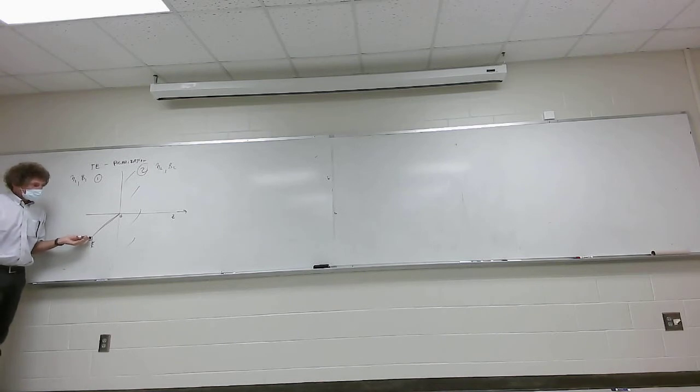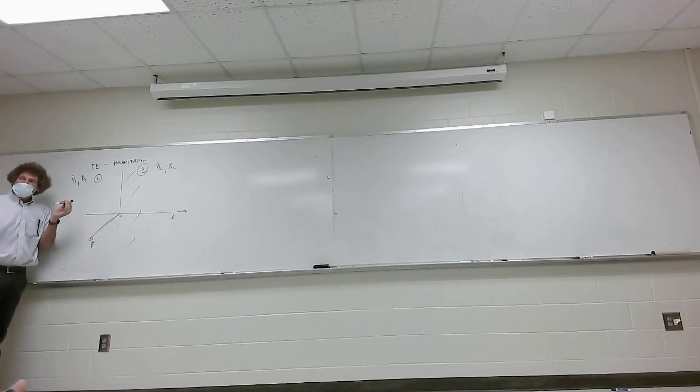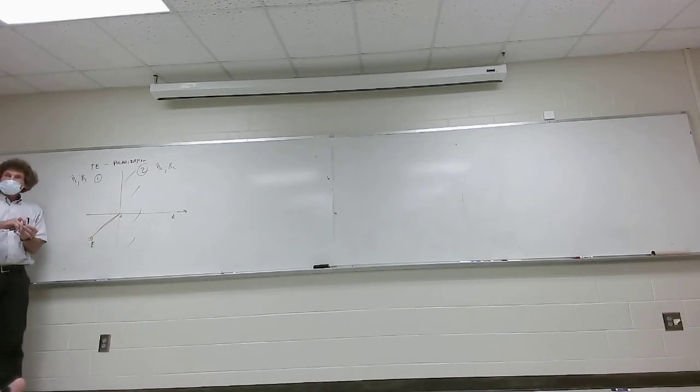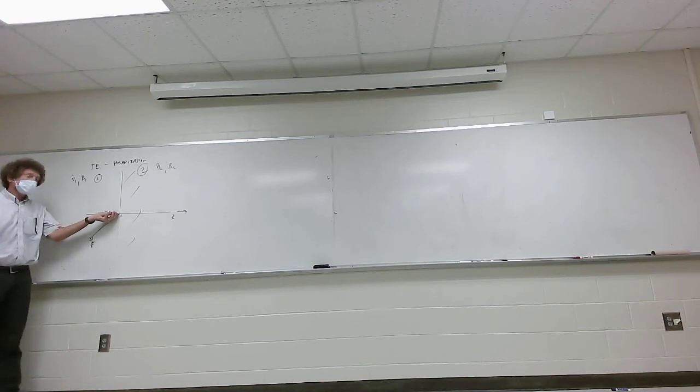And TE polarization means that at the interface, the electric field would be completely immersed in the plane that intersects the two regions. Does that make sense to everybody? I'm trying my best to find an easy way to explain this. But TE, if you want to think about the plane it's propagating in, the electric field is perpendicular. If you want to think of when it intersects, it has no component of an E field other than at the intersected surface. Do y'all follow me? There's no E field like this.